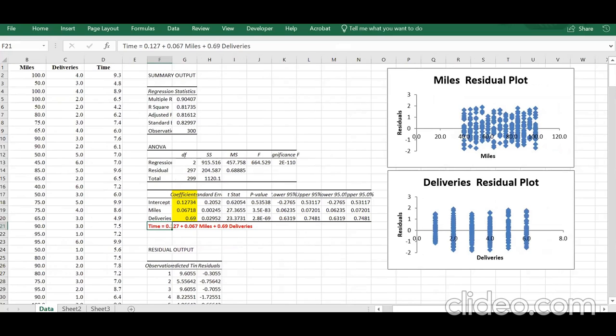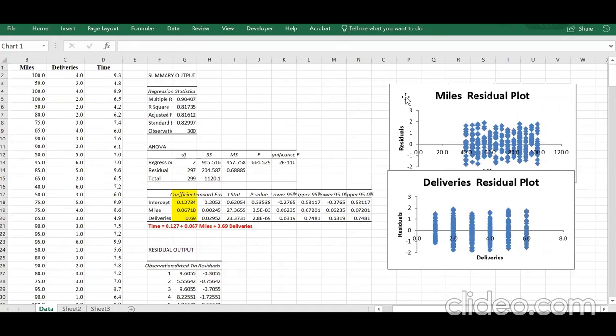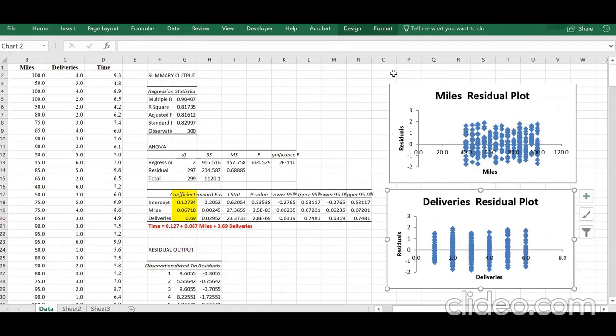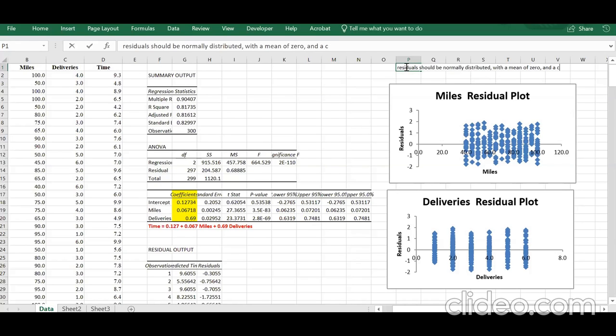Residual plots, we know by definition that residuals should be normally distributed with a mean of 0 and a constant variance throughout the range of X. And since we are dealing with two independent variables, we have two residual plots, one for miles, one for deliveries, right?